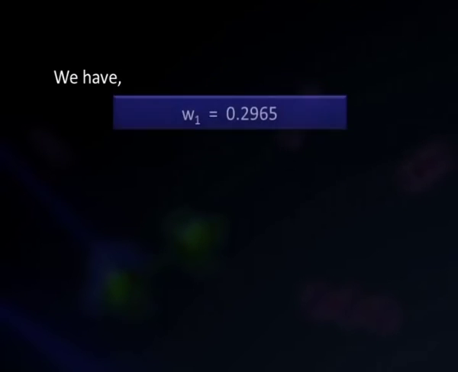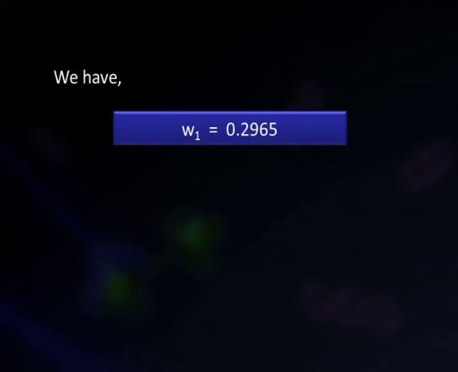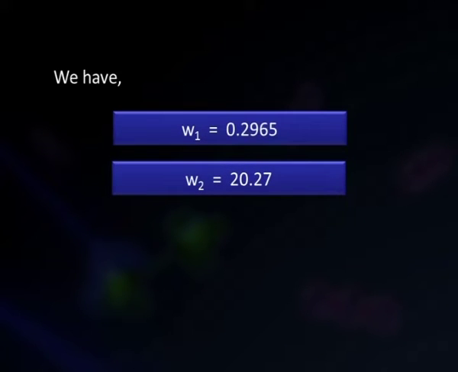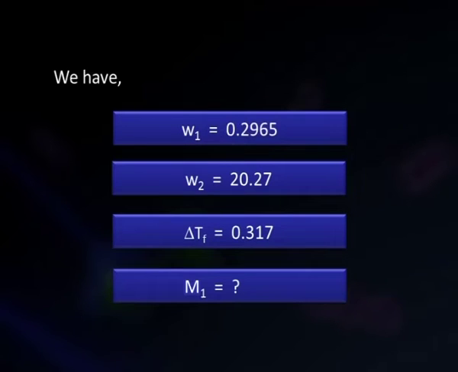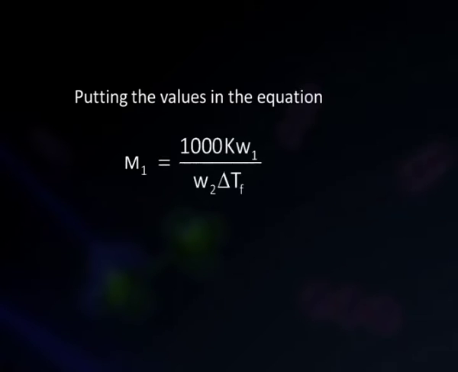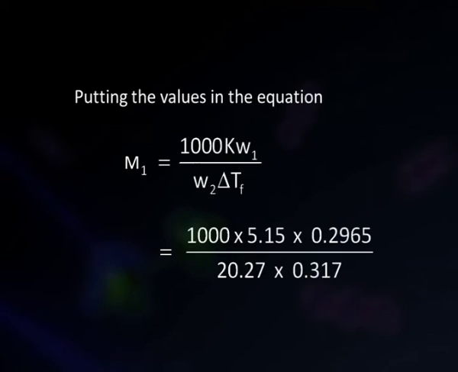We have W1 equal to 0.2965, W2 equal to 20.27, delta Tf equal to 0.317 and M1 we have to calculate. Putting the values in the equation, M1 equal to 1000 K W1 upon W2 into delta Tf, we will get the value of M1.